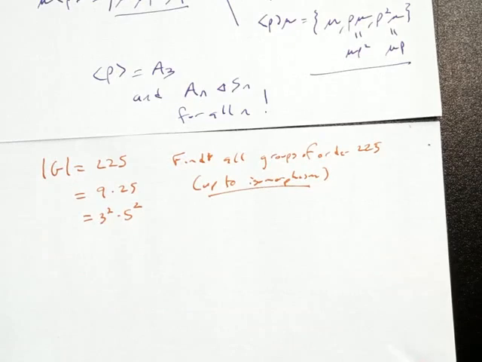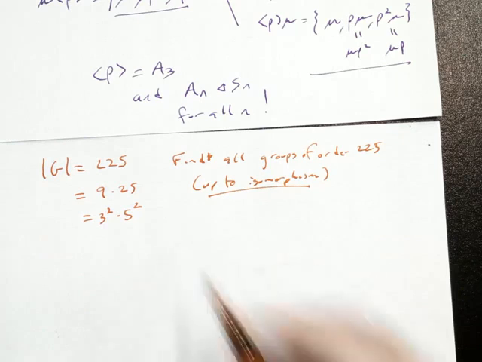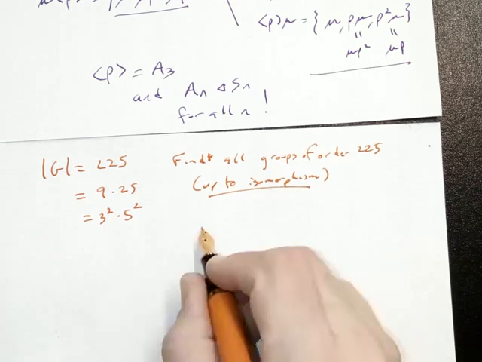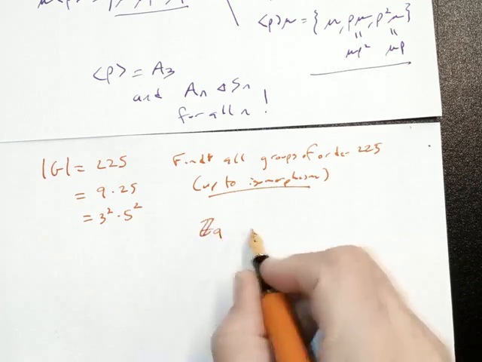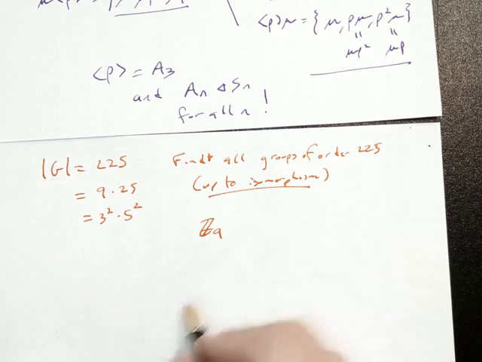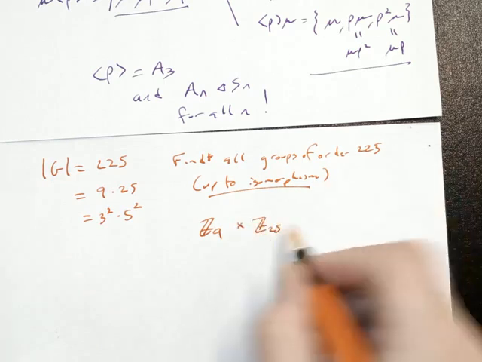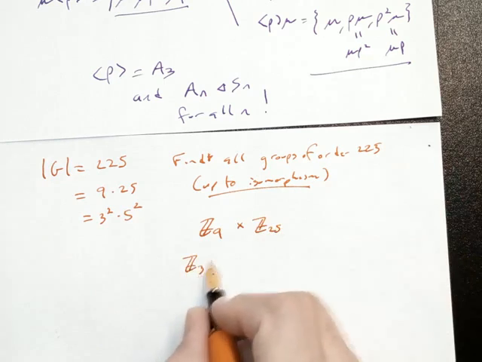So that tells us that a group of order 225 is a product of groups whose orders are powers of 3 and 5, meaning that we have Z9, which can be broken down into Z3 times Z3, and Z25, which can be broken down into Z5 times Z5 as well.